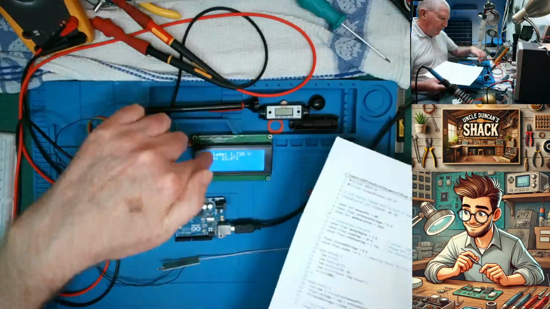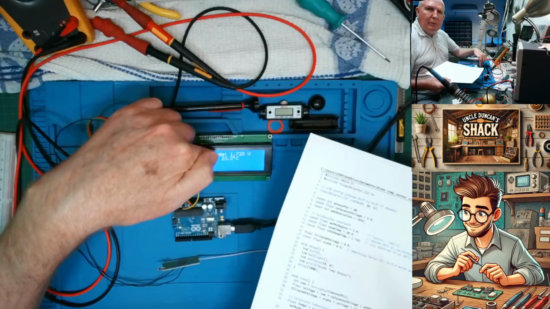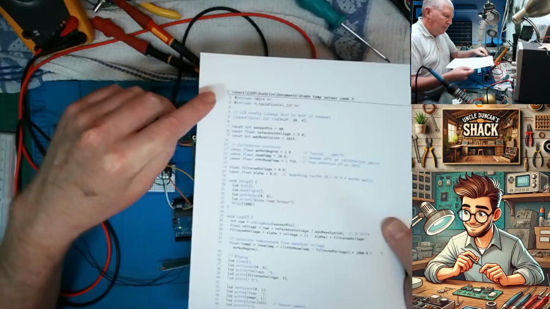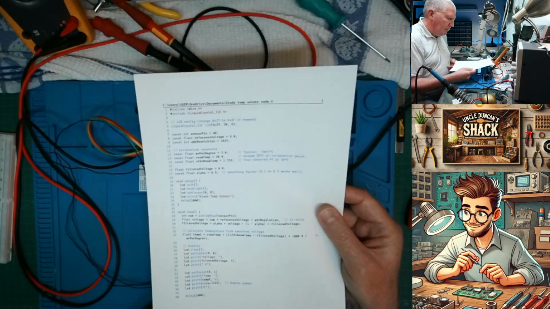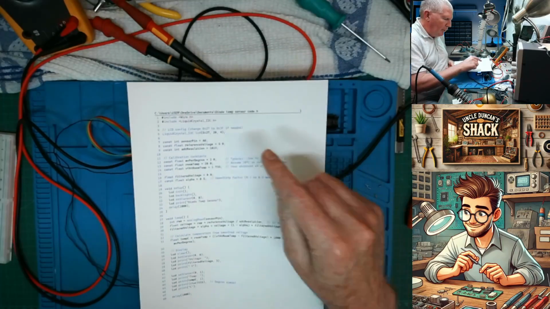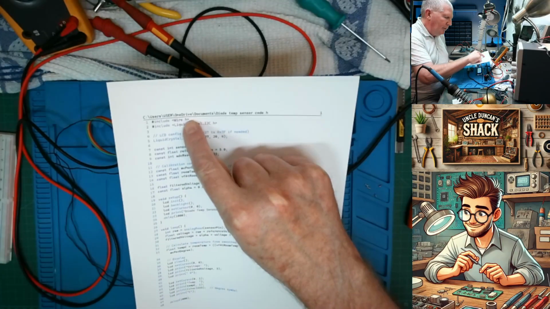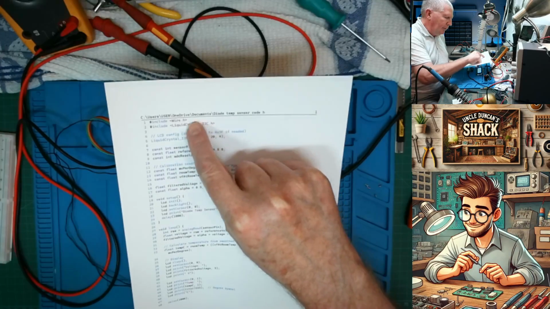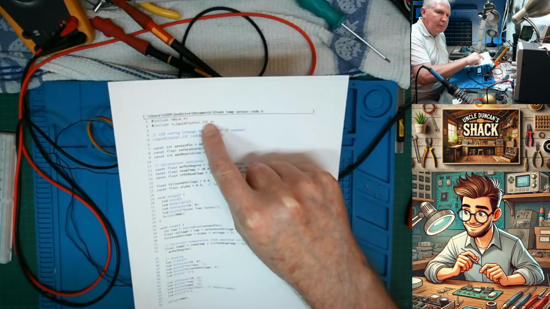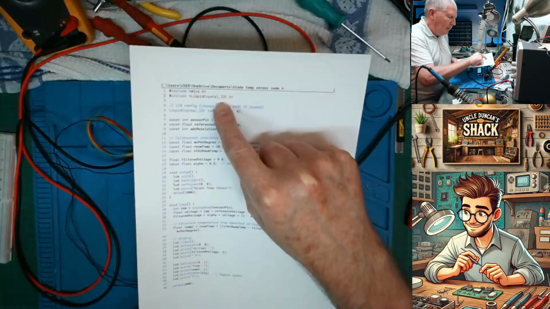So what I've done in the code, I've got a 4x20 LCD hooked up to it. So we have got wire.h for the LCD and liquid crystal.h. So that's your I²C and your liquid crystal libraries.